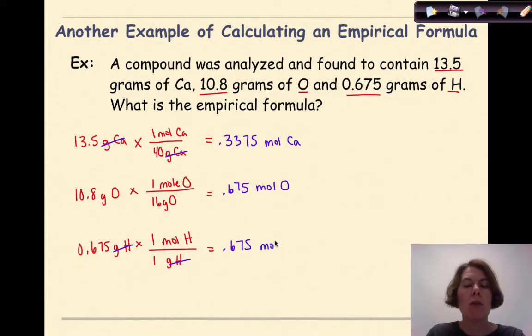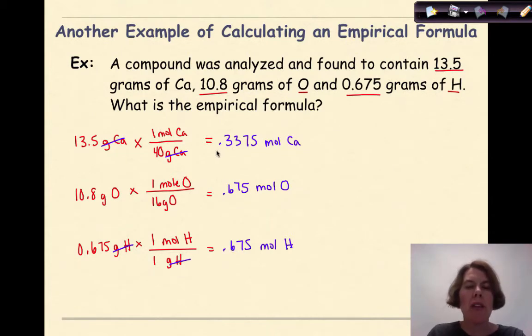0.675 moles of hydrogen. And again, the next thing that we want to do is figure out which one is the smallest number of the 3 and take that number and divide it by the rest. So if we look here, we see that the moles of calcium is our smallest number.